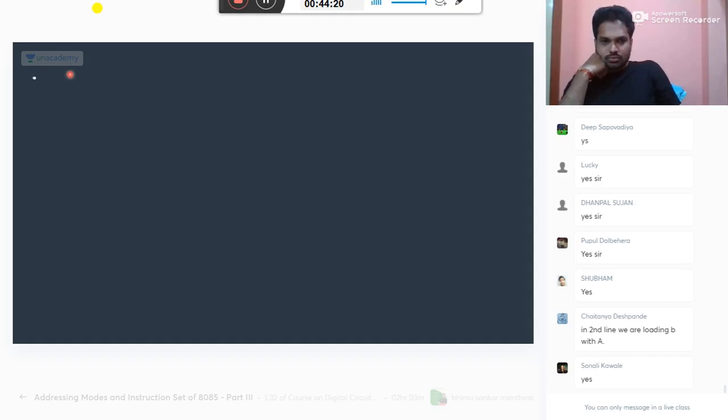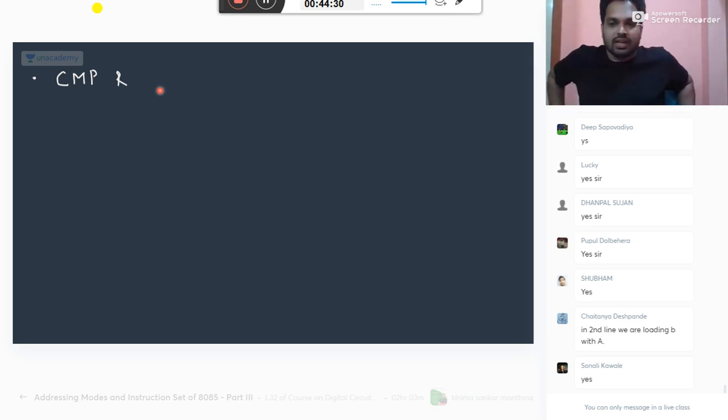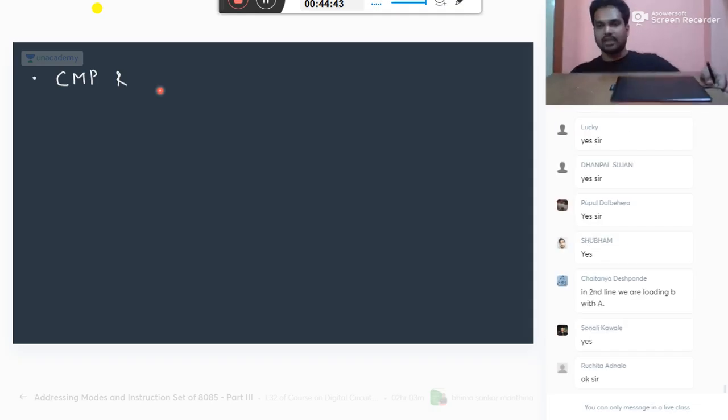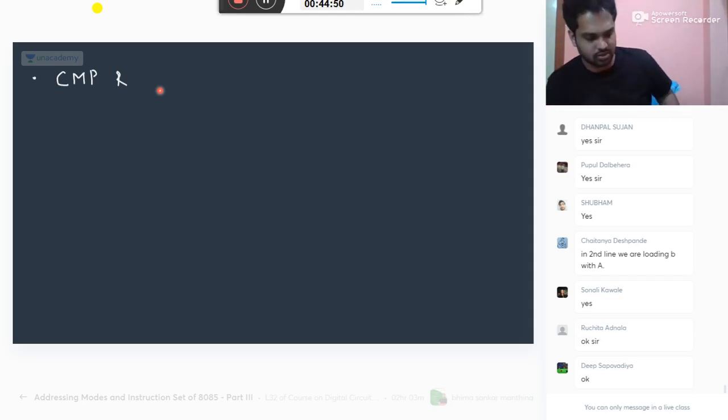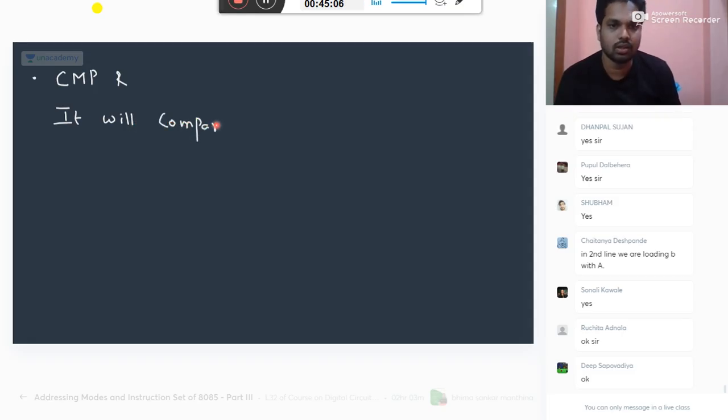Compare A with R. It is done by using subtraction internally, but the results are not stored anywhere.